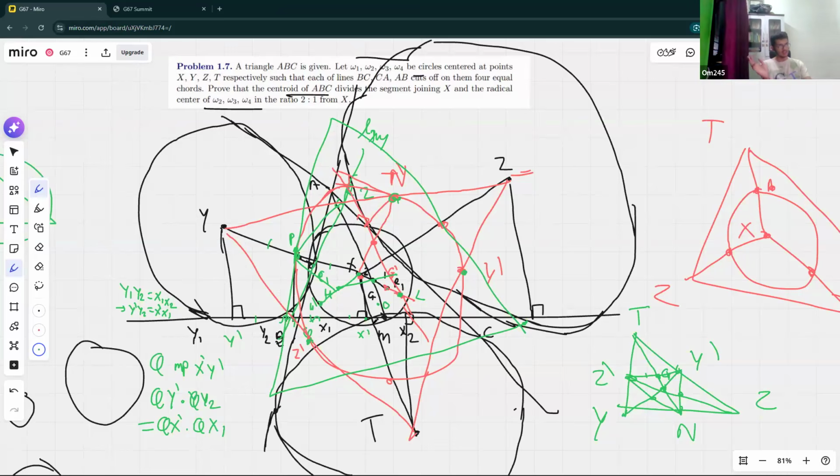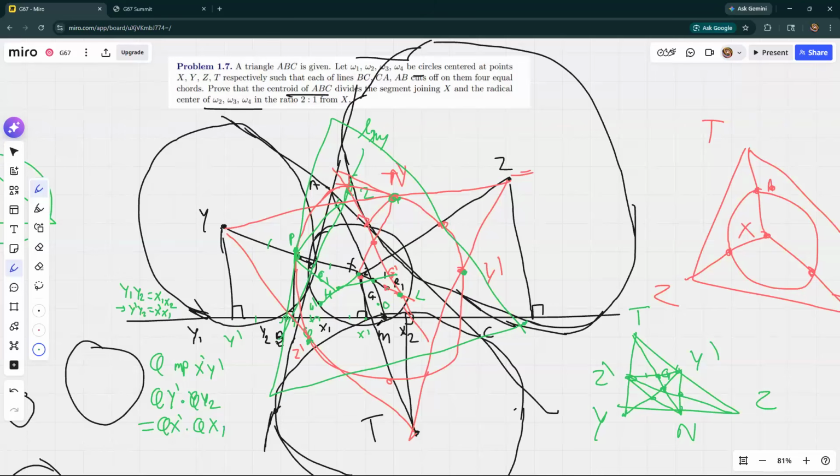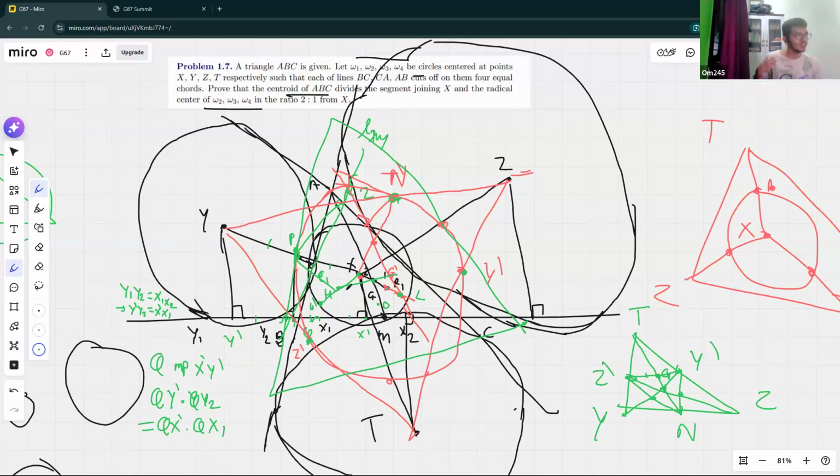So the radical center of omega 2, omega 3, omega 4 will go to the circumcenter of YZT. Oh, I get it. Okay, actually, let me find a better way to phrase it.